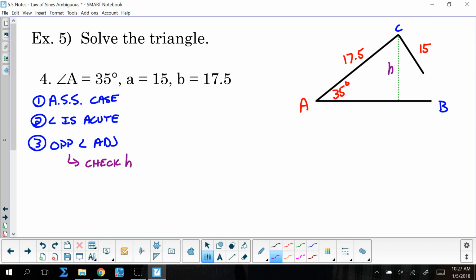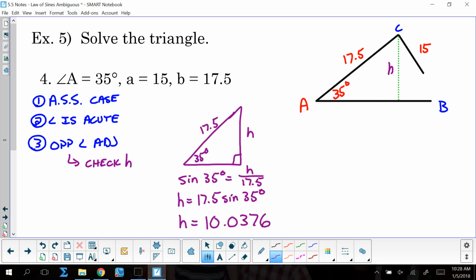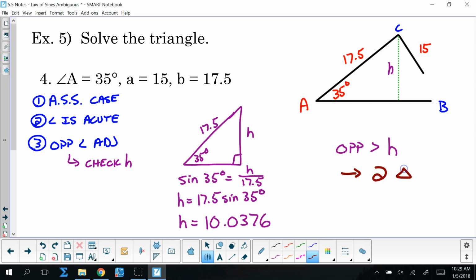So if you haven't checked the height yet, that's where you should be. I got my height as 10.0376, which tells me that my opposite side is bigger than my height, which tells me I am going to be getting 2 triangles in this one. Okay.